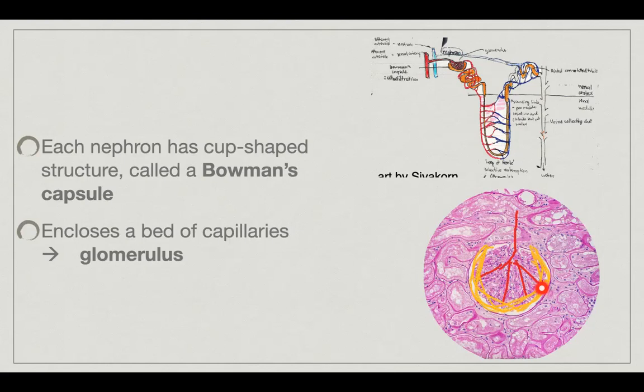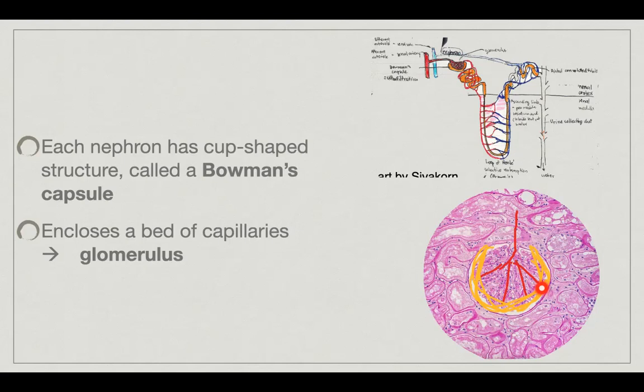Now, the things that get filtered out are urea, minerals, water, even glucose, some things you want to keep, right? So you're going to have to reabsorb that. But I guess the most efficient way that nature has found for kidneys to work so far is to filter everything out of the blood, including the stuff we want to keep, but then later on go back and reabsorb the stuff we do want and keep the stuff we don't want out.